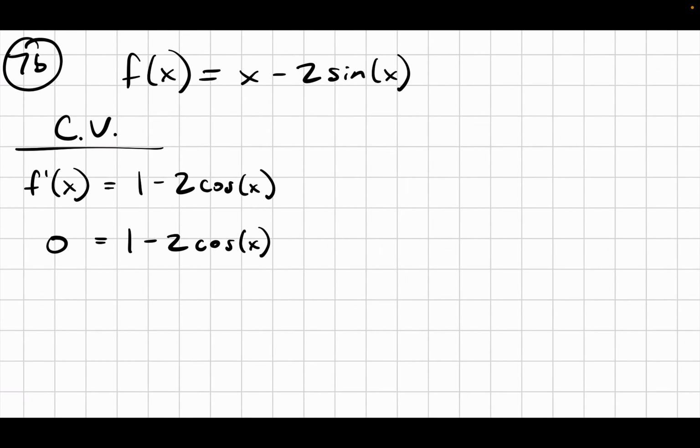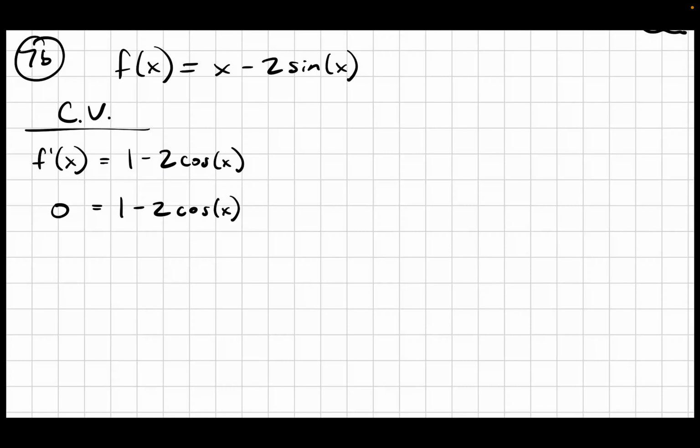When you're setting these things equal to 0, it's a little different because it's a trig function, but you're going to do it the same way. Get x by itself. I'm not going to be able to get x 100% by itself, but I will be able to get cosine of x by itself. First get rid of the 1.